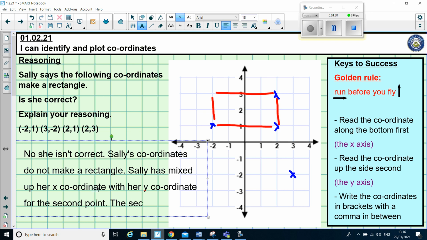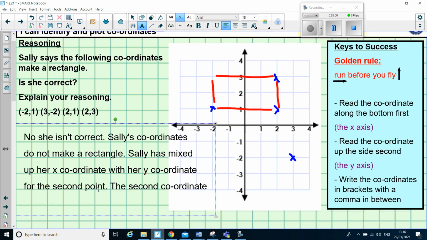The second coordinate should be -2, 3. Remember, I always need my brackets for coordinates. Okay, and I'll just check that. The second coordinate should be -2, 3.